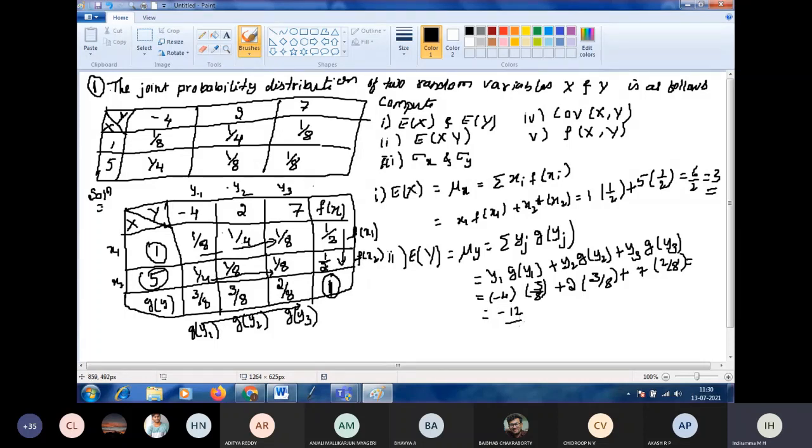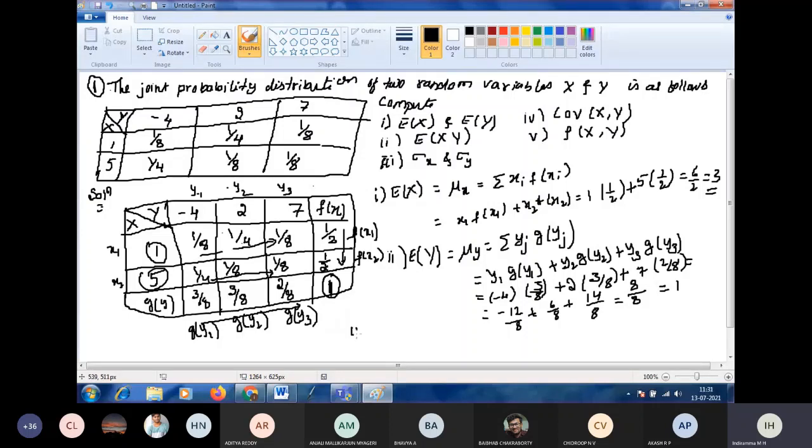Minus 12/8 plus 6/8 plus 14/8. The denominator is the same, so add the numerators. 14 plus 6 is 20, 20 minus 12 is 8, so 8 by 8, that is 1. Expectation of y is 1.